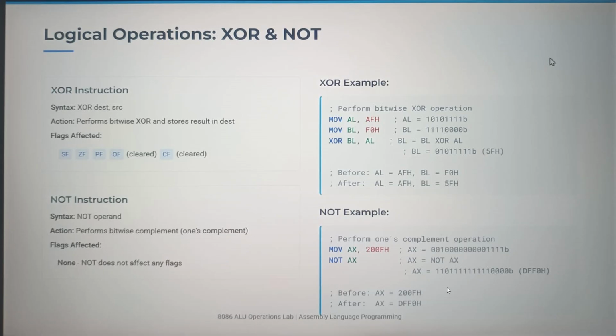In XOR, if the inputs are 0 0 or 1 1, the result will be 0. If we have 0 1 or 1 0, the result will be 1. Then we have NOT. In NOT, if both inputs are 0 0 or 1 1, the result will be 1, and if the inputs are 0 1 or 1 0, it will be 0.